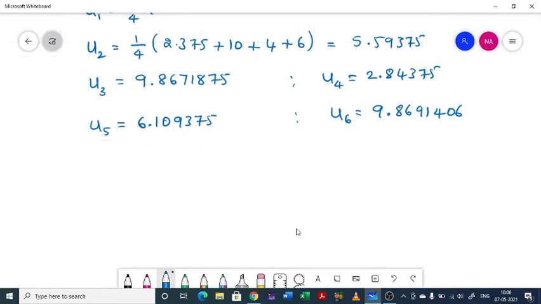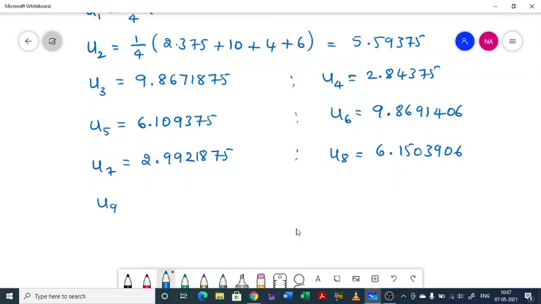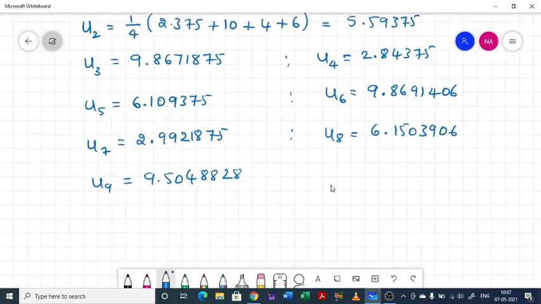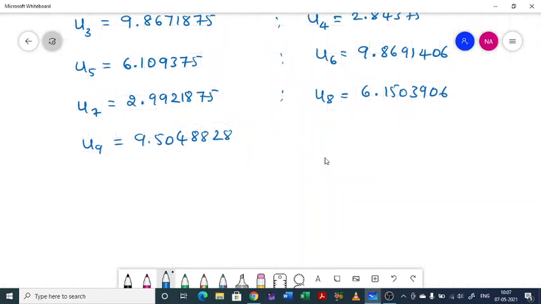And u7 will be getting 2.9921875. u8 6.150396. u9 will be getting 504828. So these are the values of the table that we got after first iteration.